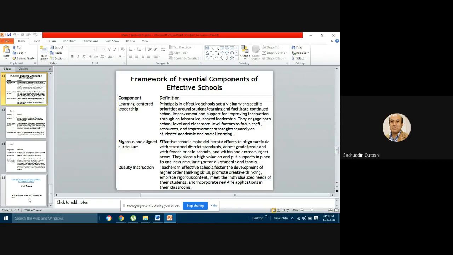For example, the first component of an effective school framework is learning-centered leadership. What is the meaning of learning-centered leadership? Learning-centered means your focus, as a principal and school leader, is to build a vision.